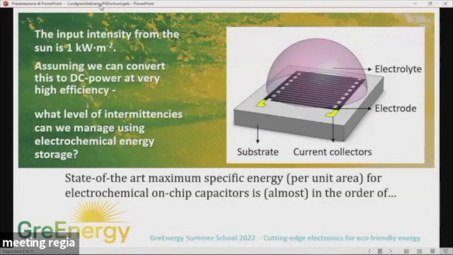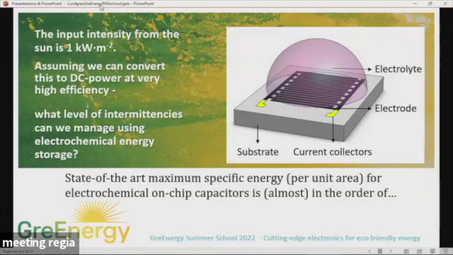But what I would like you to do now, actually, is to try to make an estimate, to make a guess from what you have seen regarding the functionality of this kind of electrochemical capacitor. What do you think we could hope for in terms of energy per unit area for a device like this?